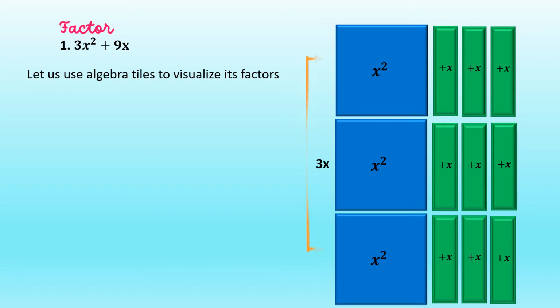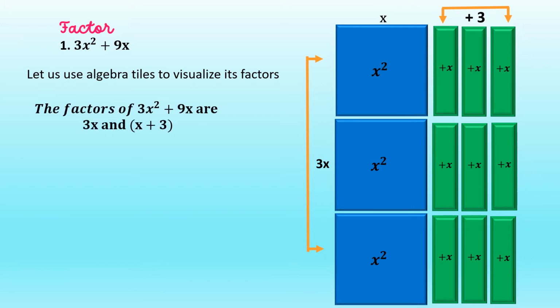If we add, that would be 3x, with x on top, and then we have plus 3 x tiles. So the factors of 3x squared plus 9x are 3x and quantity x plus 3.